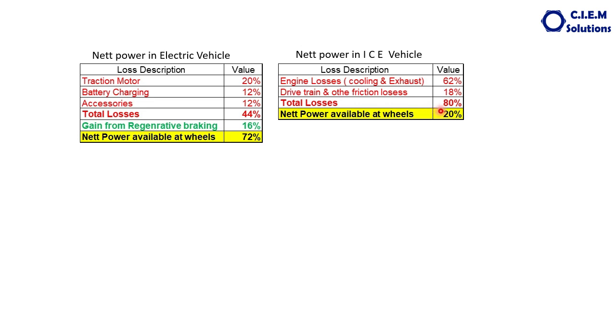The total losses will be around 80% and the net power available at the wheels will be 20% only. See the difference between 20% and 72%. So in terms of energy utilization, electric vehicles are very, very efficient.